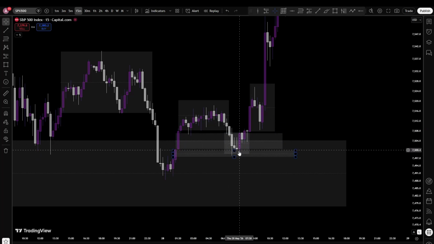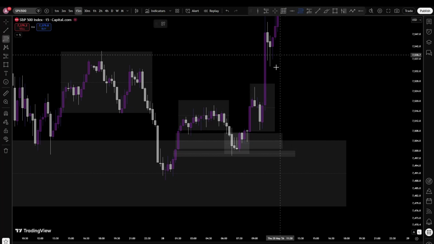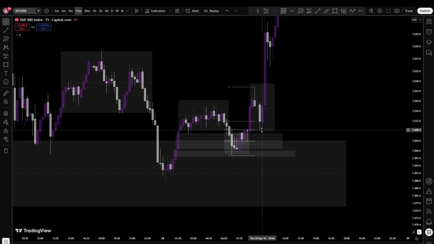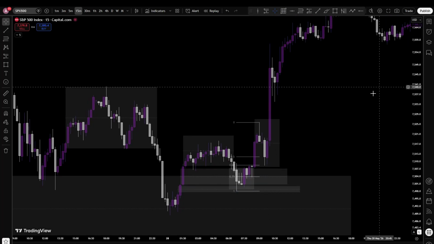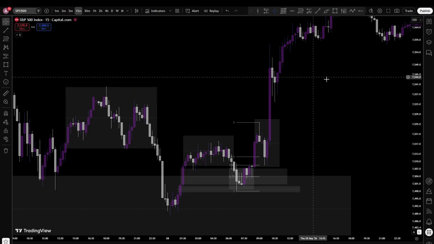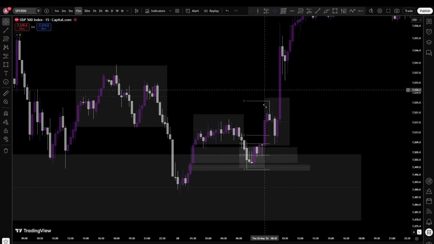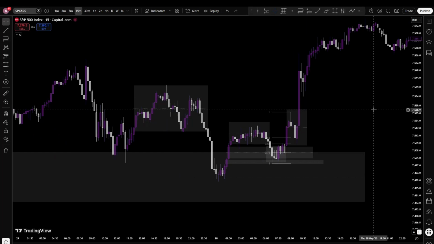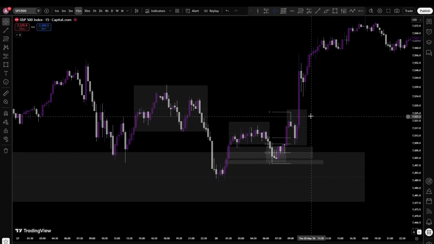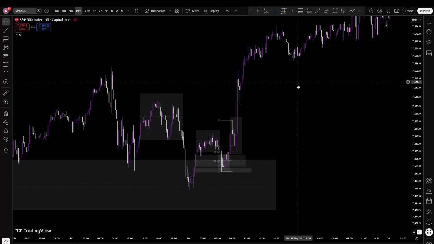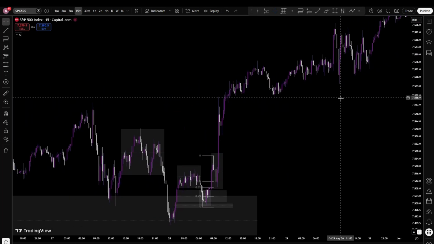After that we got the price movement up, and again the price just touched the OTE zone, and after that we got the distribution phase, which is really nice. That's pretty much all of it for this AMD model. You can see it everywhere on the charts.